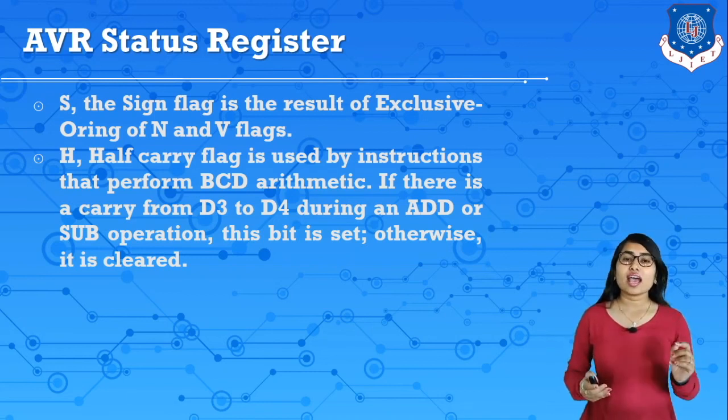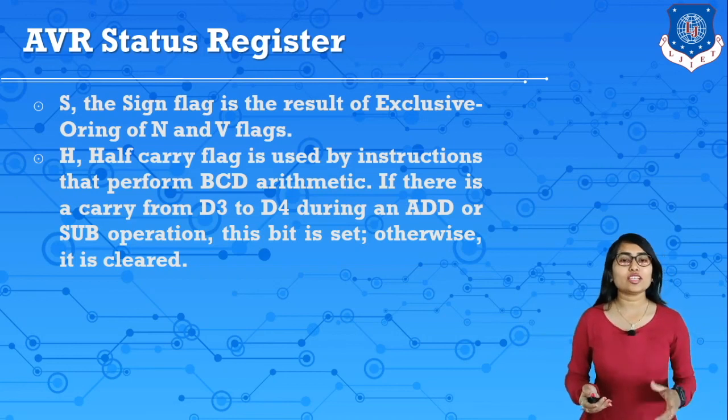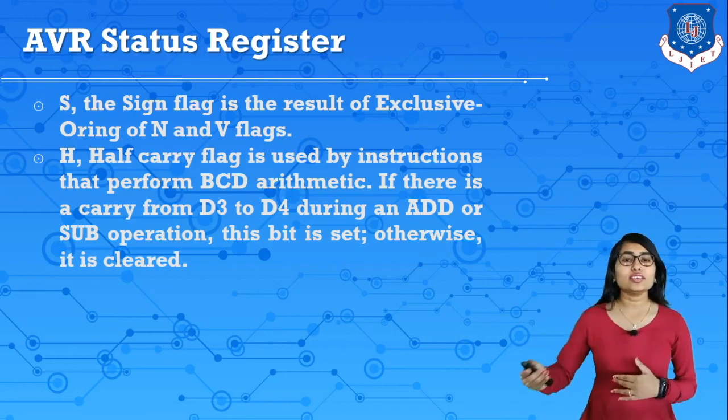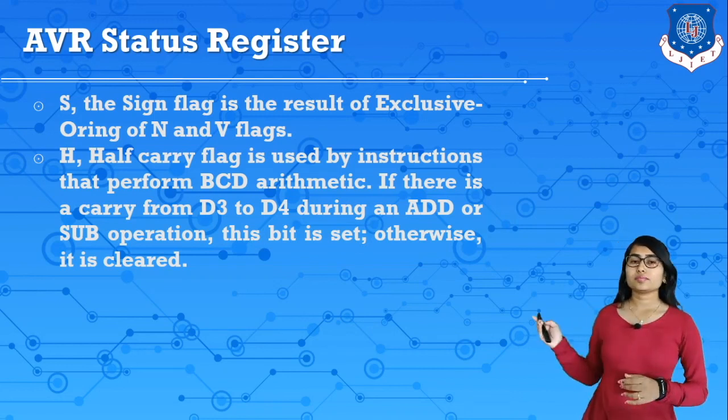Whenever I is equal to 0, the microcontroller cannot allow other peripherals to interrupt. When I is equal to 1, that means interrupt enable, so other devices can interrupt the microcontroller. So these are all the status register bits.